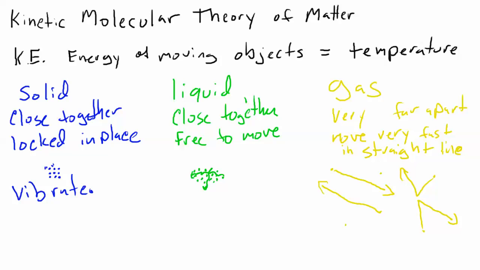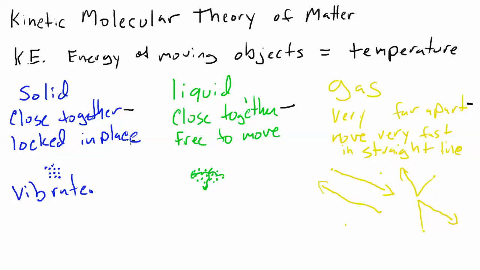And then the gas particles are very, very far apart, and they move very fast in straight lines unless they hit something, and then they'll bounce and ricochet off, kind of like pool balls would do. So that's the motion of these particles and the distance between them. Solid particles are very close together, liquid particles are close together, and gas particles are very far apart.